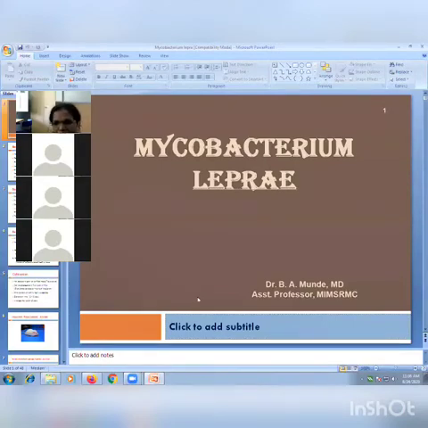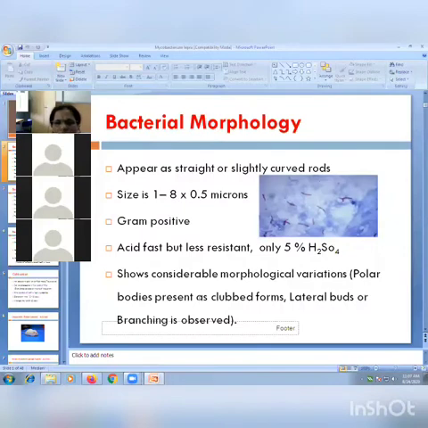That's why these organisms are very difficult to stain with a simple stain like Gram stain. So they require a different stain that you have studied, I think, in a previous lecture. That is differential staining, that is ZN staining, which is used for demonstration of this bacilli.